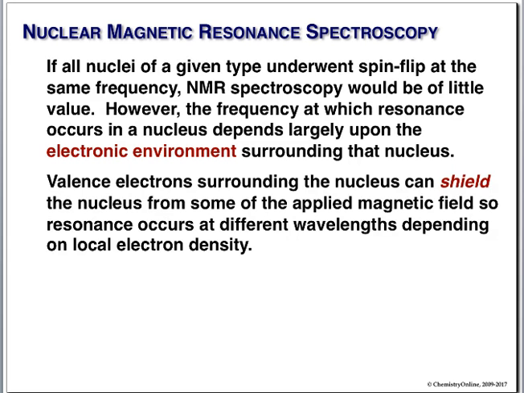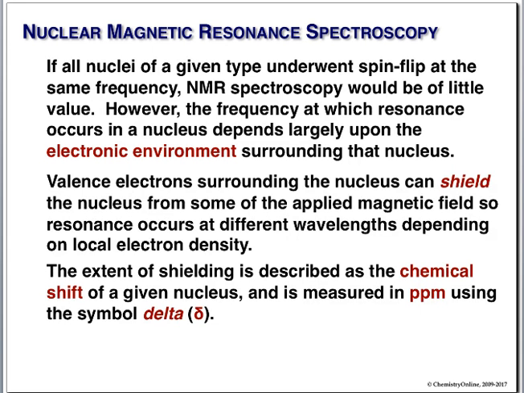Now, if all of the nuclei in a compound underwent spin flip at the same energy, NMR would be useless. However, compounds have electrons. Electrons, depending upon how many electrons you have around the nucleus, close to the nucleus, shield it somewhat from the magnetic field. The frequency at which resonance occurs depends upon the electronic environment surrounding the nucleus.